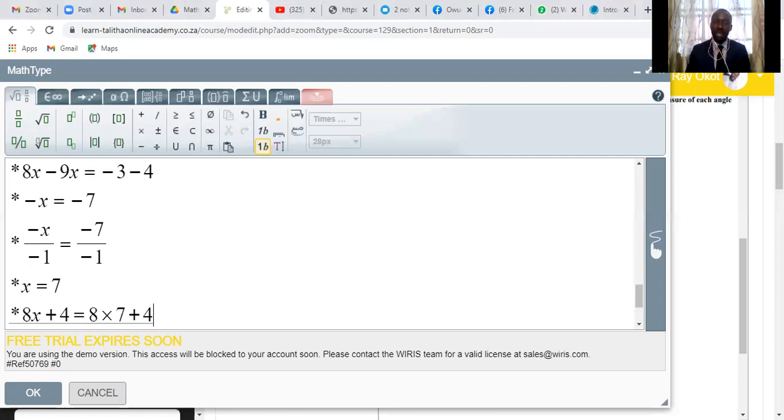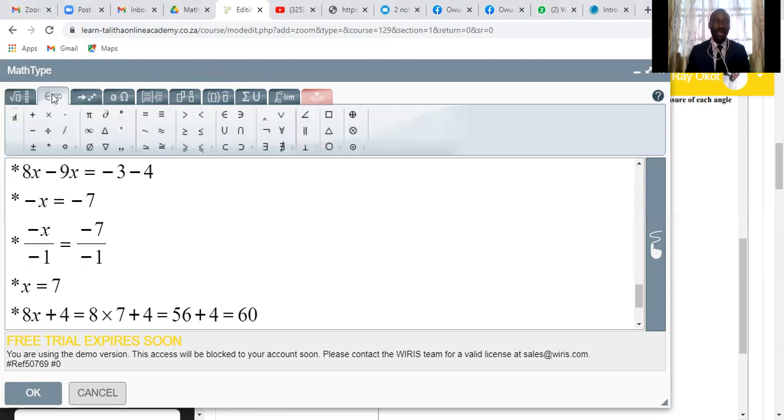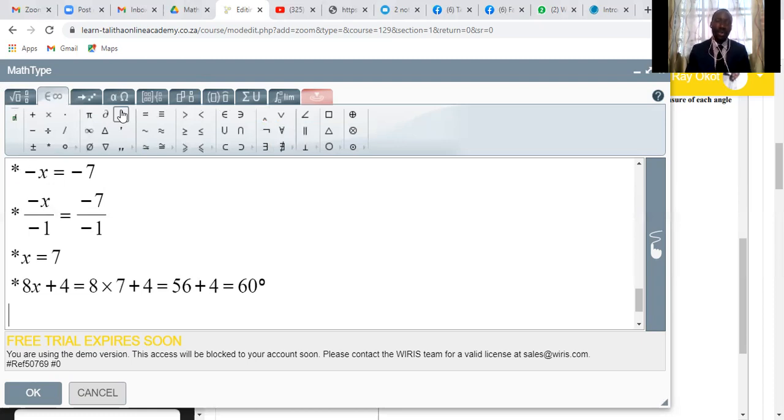Let's check. So 8 times 7 gives us what? 56. So we therefore write 56 plus 4. This one will give us, well, it will give us 60. So this is the value in degrees of what? Of 8x plus 4.